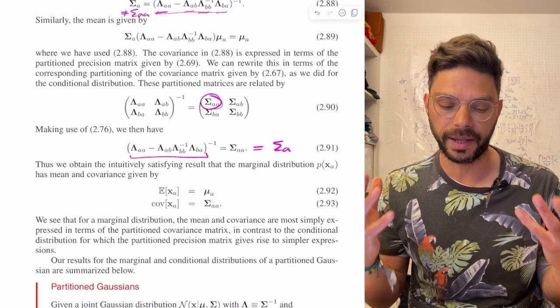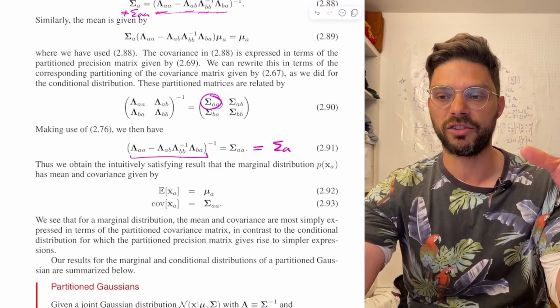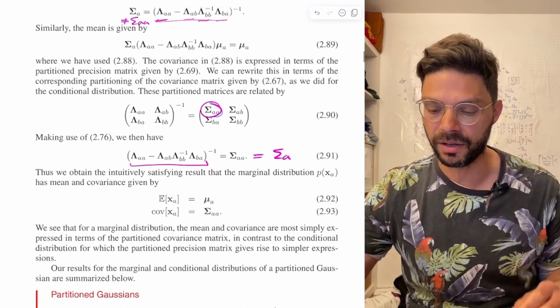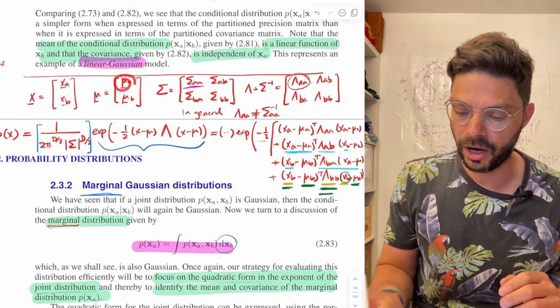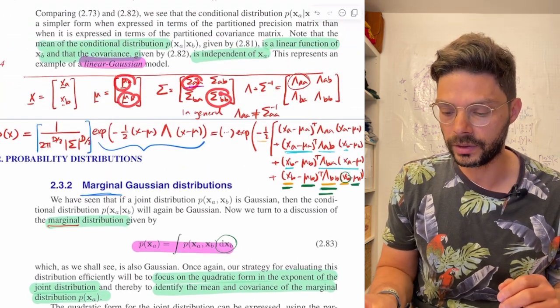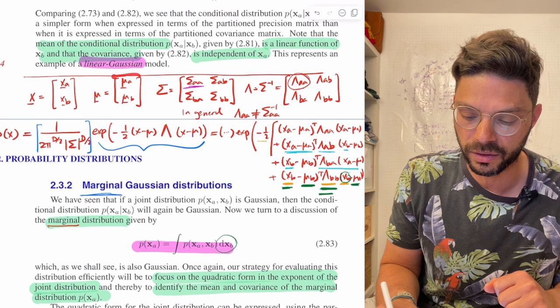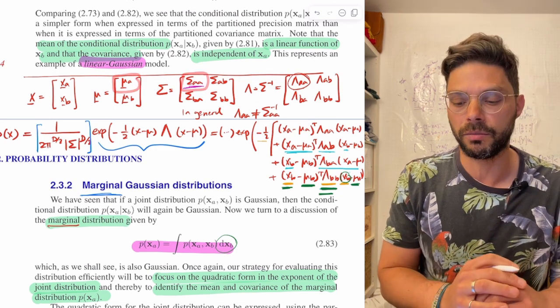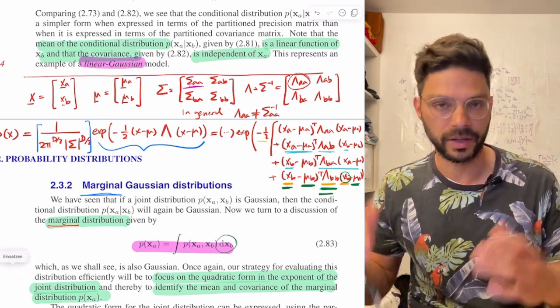But ultimately it's that intuitive result: you're given the joint distribution, and you have the data on how the marginal variables relate to each other. If you only care about those, then you can just focus on this subset of the Gaussian, basically.